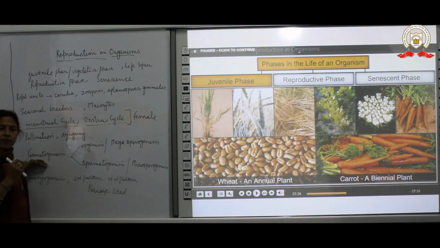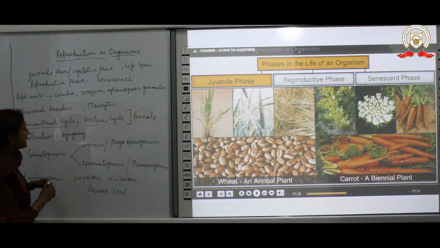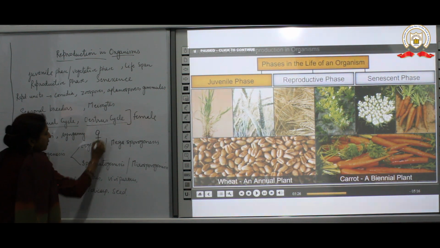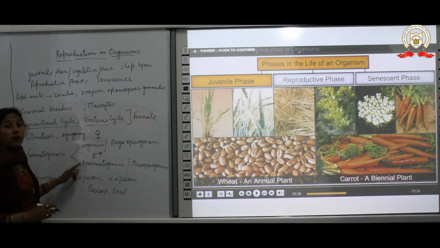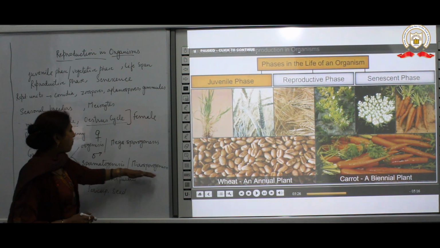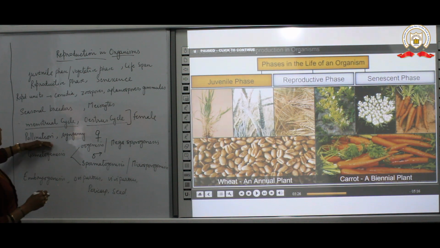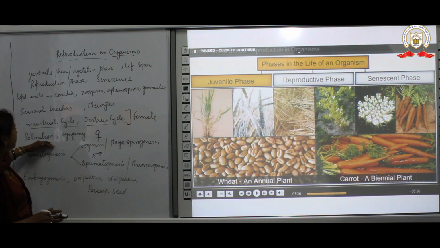The second part of pre-fertilization events is gametogenesis, that is the formation of gametes, which can be oogenesis and spermatogenesis for female and male in case of animals, and megasporogenesis and microsporogenesis in case of plants. These are producing gametes. Pollination is leading to the transfer of gametes. These two are pre-fertilization events.